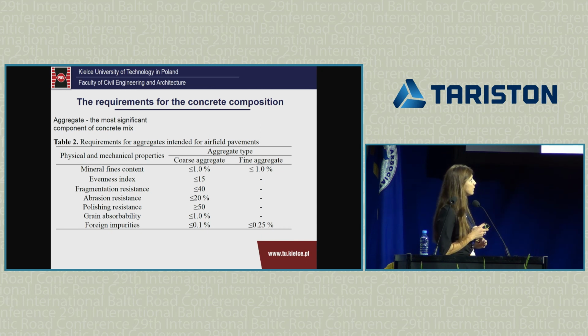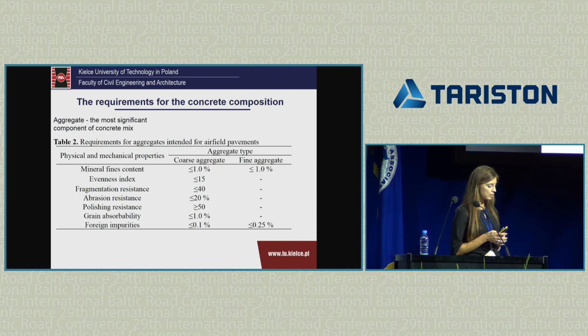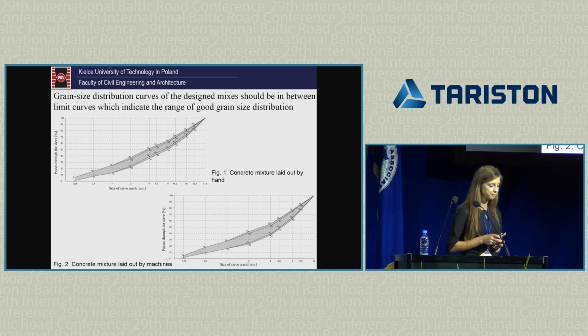And here we can see the two types of aggregate: coarse aggregate, with grain fraction larger than 2 millimeters, and fine aggregate, with fraction below 2 millimeters. Here we can see the physical and mechanical parameters of the aggregates intended for airfield pavements. Grain size distribution curves of the designed mixes should be within the limit curves.